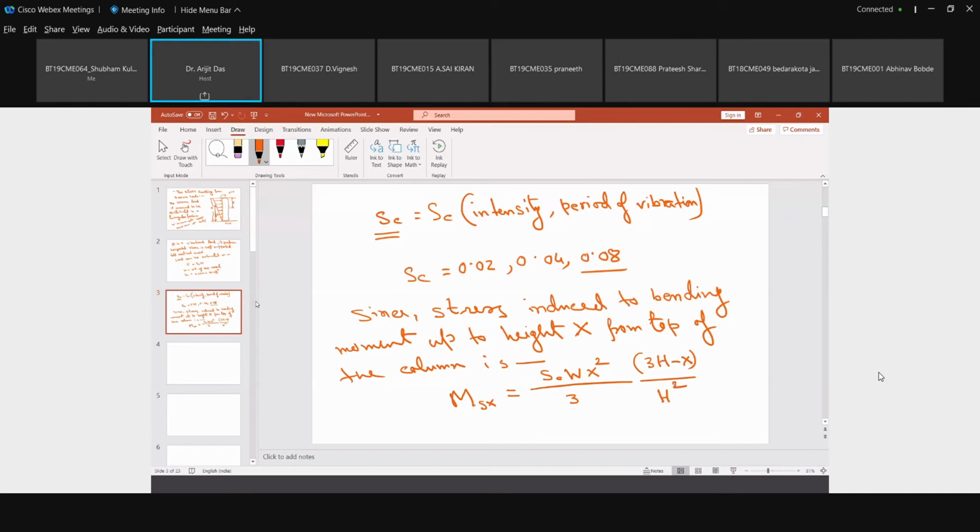So you see, this is the equation for the estimation of the bending moment.